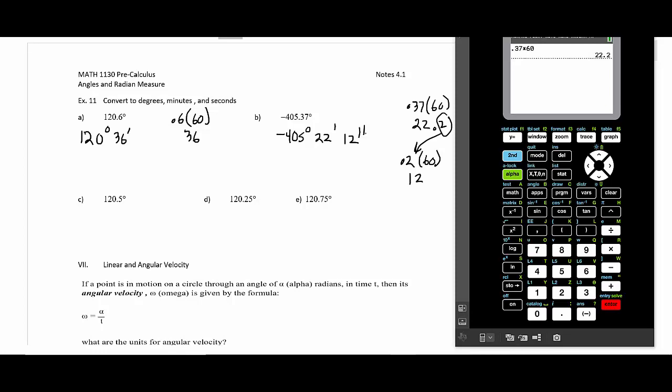Okay. Now, let me show you how you can do this on the calculator. It's actually very easy to do this on the calculator. So if you took like the problem we just did, you could do this. Okay, I'm going to type in negative 405.37, and then I'm going to go again second app, and then there will be a command, and write a note of this if you need to.